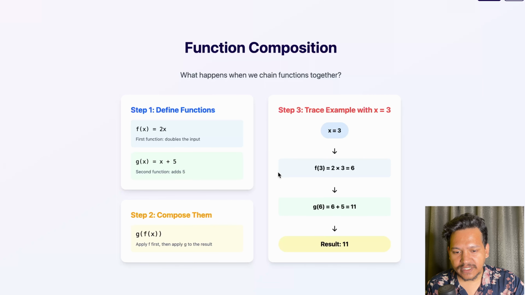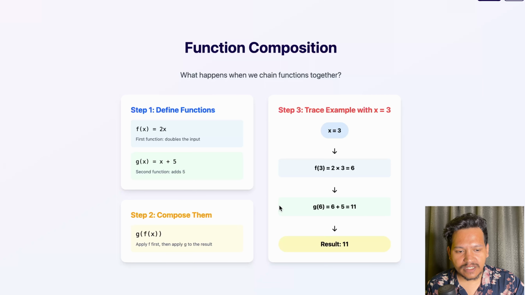Since we know the function definitions, f(x) = 2x and g(x) = x + 5, at first we will compute f(3). Since we just have to double it, we replace x with 3 and we get 2 multiplied by 3, which is 6. Then we will go for g of x.